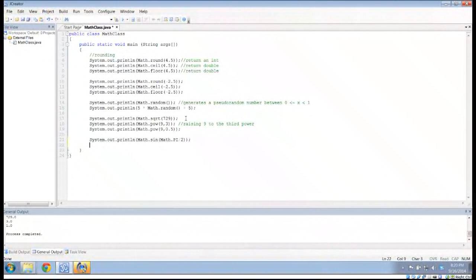And I can even work backwards. I can do math.asin and find out where the sine is equal to 1/2.